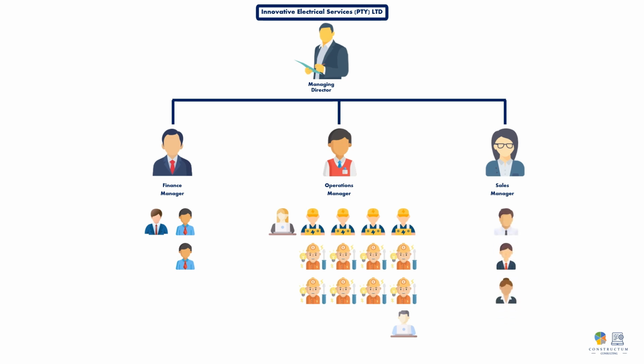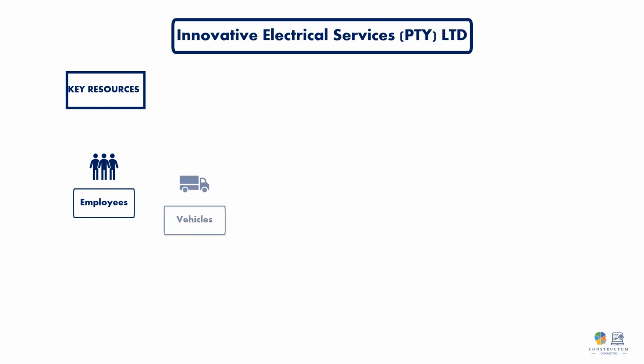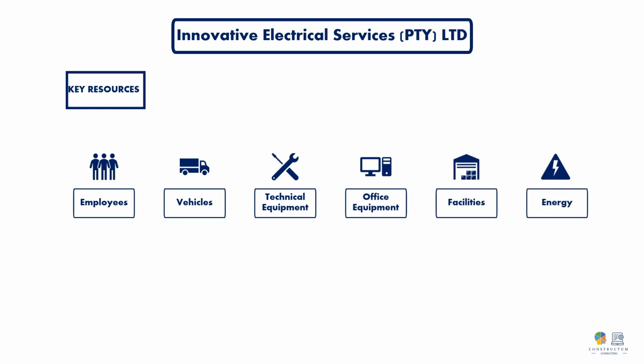Having developed a vision of the staff complement, Karel can then consider what other resources the business in total and each individual employee will need to complete their tasks. The type and number of vehicles, the types and number of technical equipment, office equipment, what facilities the business will need, including the warehouse and offices, and energy needs.